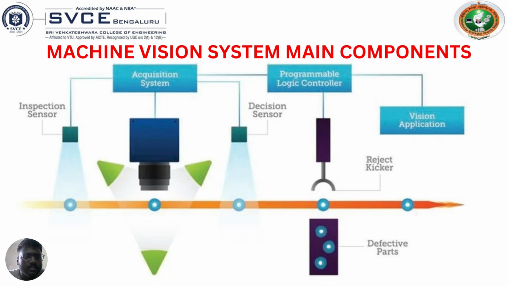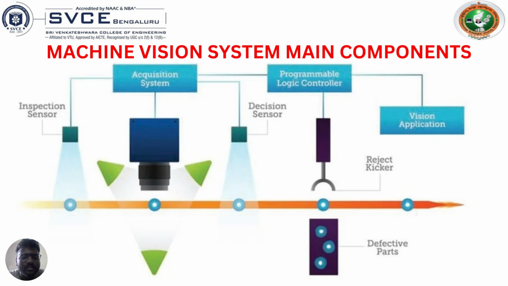Whenever the object is sent on the assembly line, the inspection sensor senses the object, and it sends the signals to an acquisition system that the object is coming. The signals will be sent to the cameras.